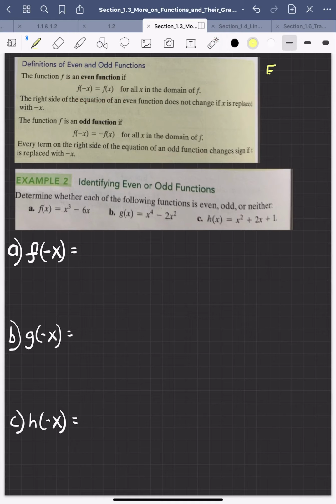Let me write it off to the side so we don't have to keep hunting back through those. So here's our definition: f of negative x is equal to f of x. Ready? Let me write the odd function definition, and then I'll show you what you need to know to be able to do your homework and tests. The definition for an odd function is f of negative x is equal to negative f of x.